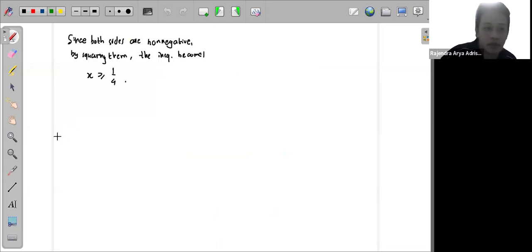So we can make a number line here. Our temporary solution was this, x greater than or equal to 1/4. That goes over here.